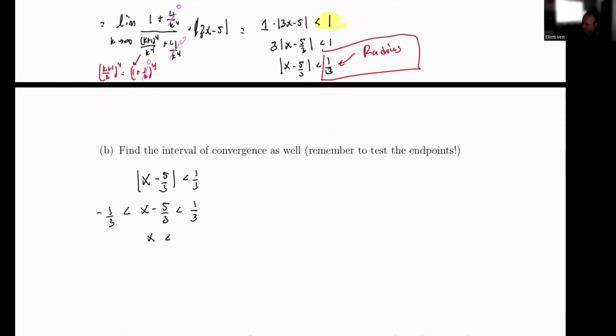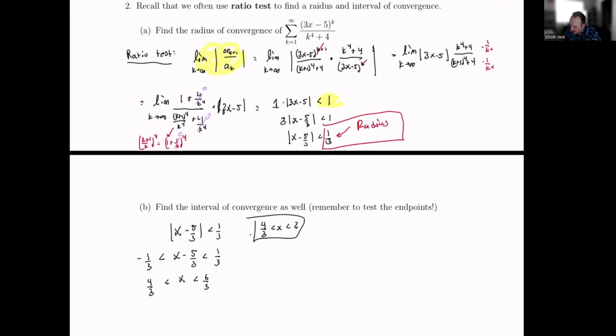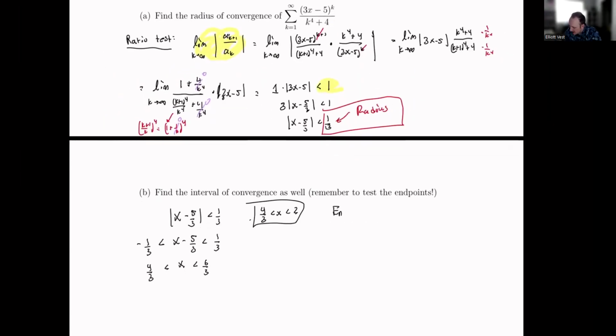And if we add 5/3 to everything, we're going to have 6 over 3 and 4 over 3. Or 4 over 3 is less than x, which is less than 2 here. Hopefully I got that right. Let's see by plugging in endpoints. So actually, that's not our answer yet.